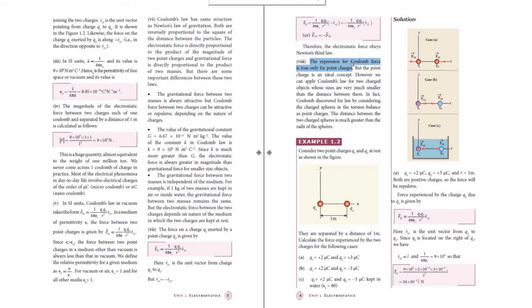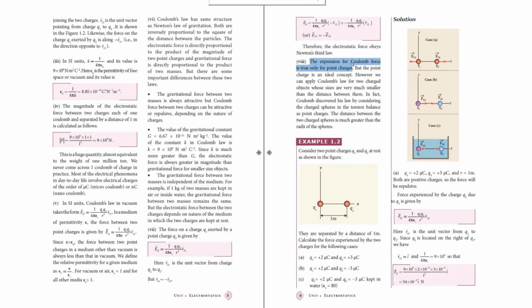So the first point, we'll have a short recap. The first point, we were dealing with the formula, it is 1 by 4 pi epsilon naught Q1 Q2 by r square. And second one, we talked about the unit vector, the direction of the line joining the charges. And third one, the value of K. And then the fourth point, what is the magnitude of the force if the value of Q1 and Q2 is 1 coulomb and they are separated by a distance of 1 meter.